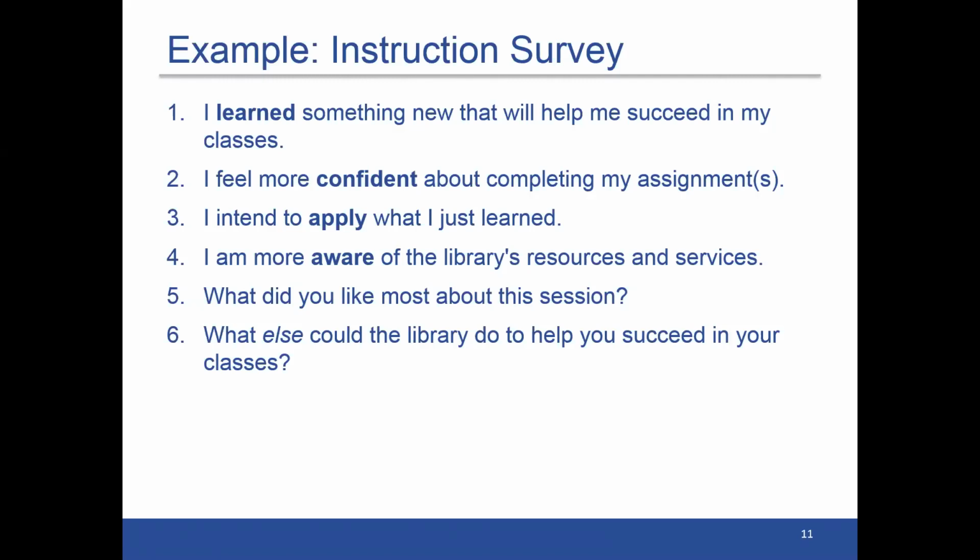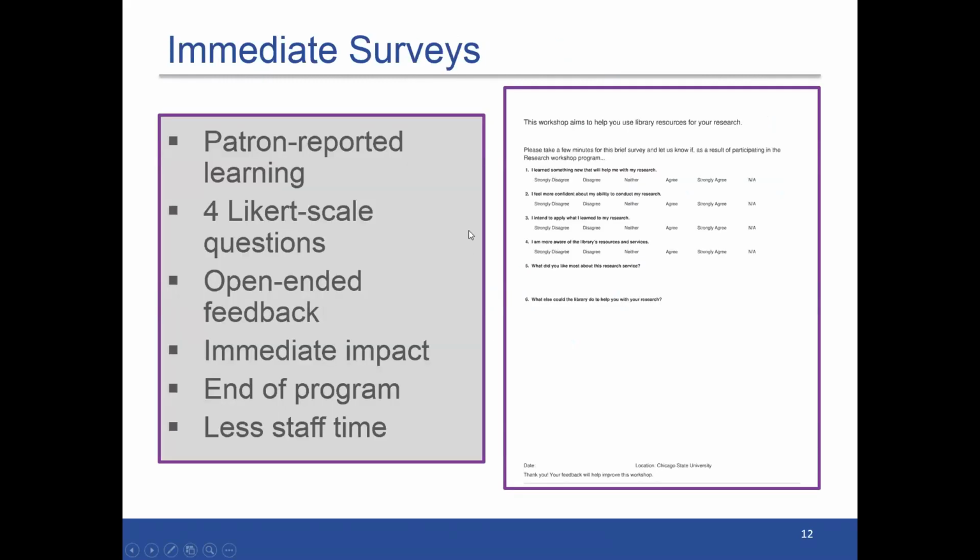There are 2 types of surveys available in the toolkit. The first is the immediate surveys. As the name suggests, they're designed to be administered immediately at the end of a program. They're pretty easy to set up. All you have to do is plan to create the survey in advance, and then you can choose to administer it either via a URL that you send to patrons or via a PDF that you can then print out and administer.